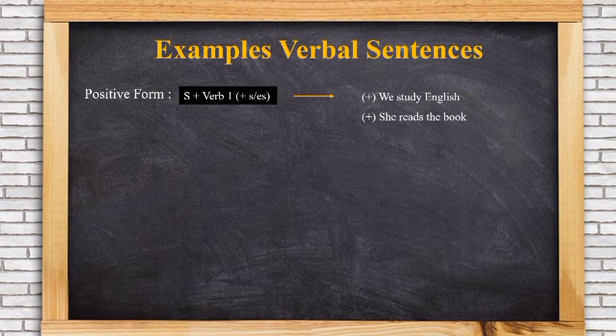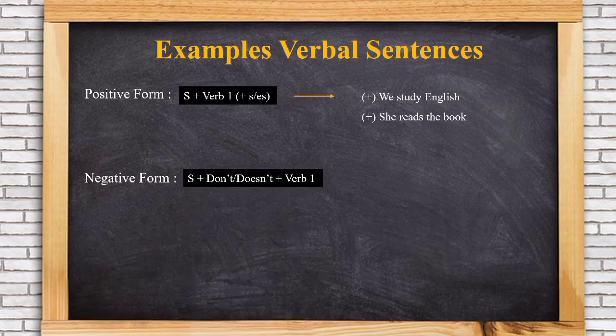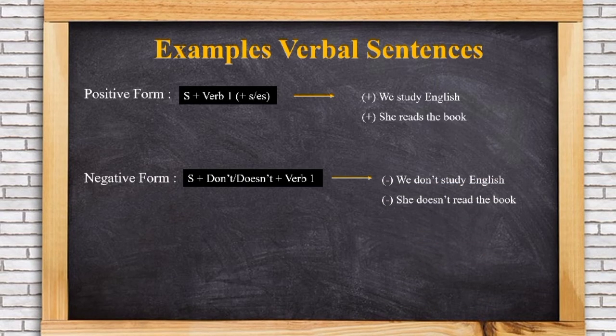For the next one is negative form. The formula for negative form is subject plus don't or doesn't plus verb 1. Now, look at the examples. Number 1. We don't study English.